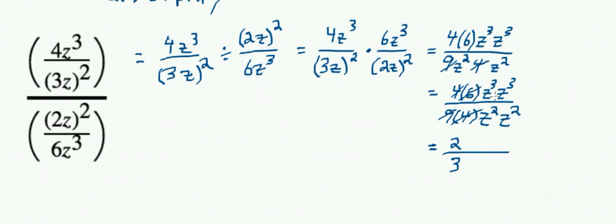My 3's canceled. Now I have here z to the third times z to the third. So that's z times z times z times z times z times z. So I have 6 z's on the top. That is the same thing as z to the 3 plus 3, z to the 6th. In the bottom I have z squared times z squared. That's the same thing as z times z times z times z, or 4 z's, z to the 2 plus 2, or z to the 4th.